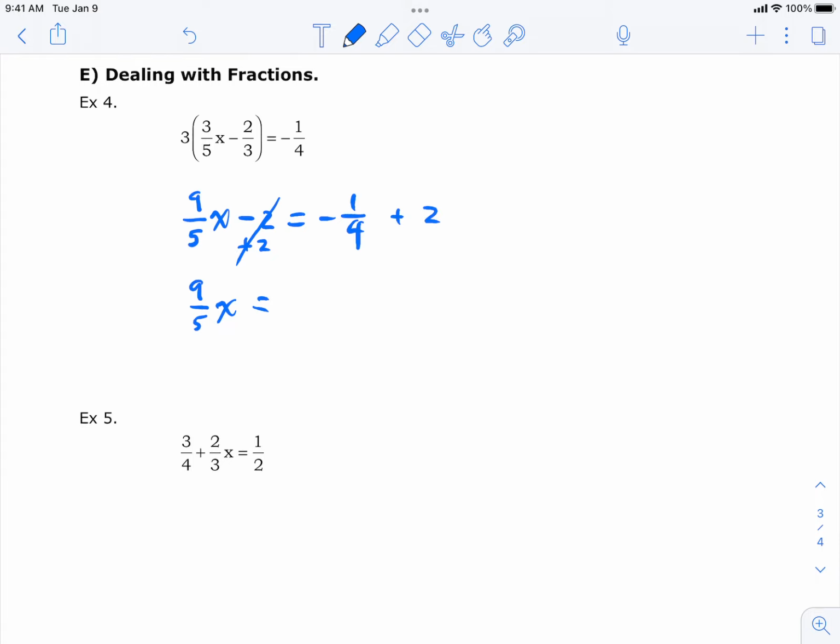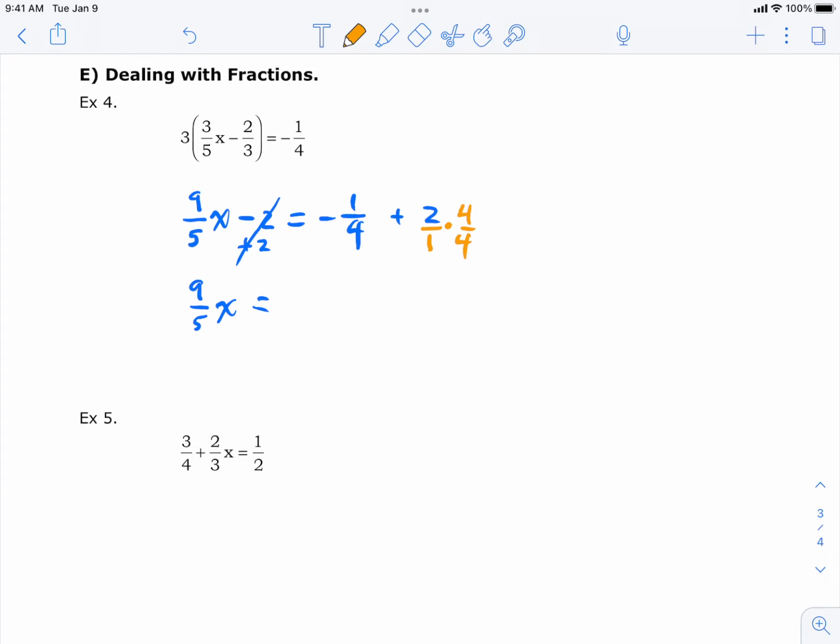Okay, you got to remember this. When you're adding or subtracting fractions, you got to do the common denominator thing. So again, a whole number is like over 1. 2 is like 2 over 1. My common denominator here would be 4. So in order to make the 2 over 1 into something over 4, I have to basically multiply by 1. Multiply the top and bottom by 4.